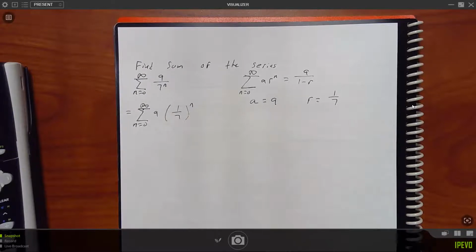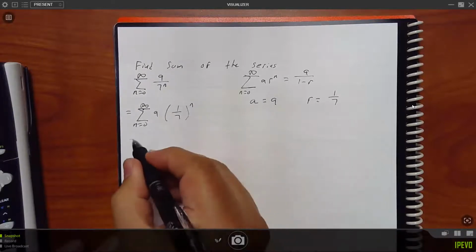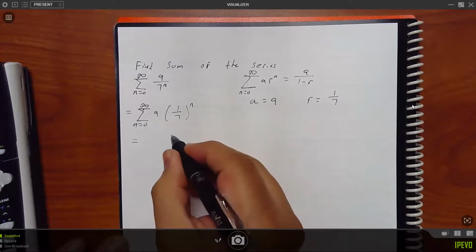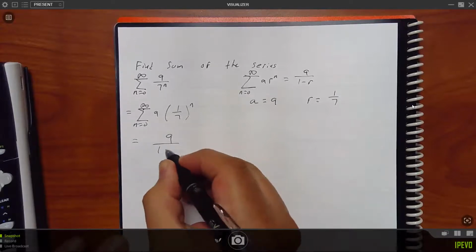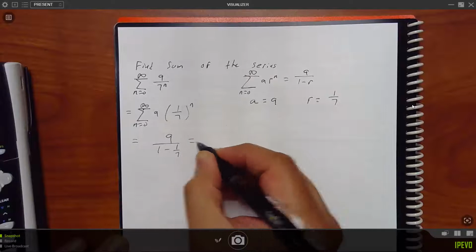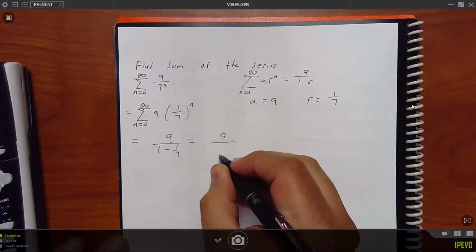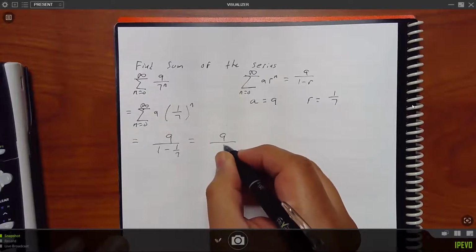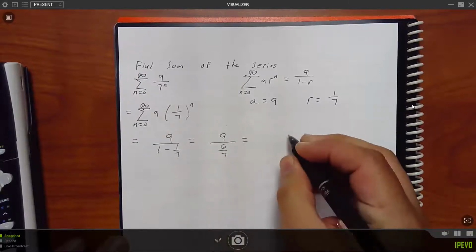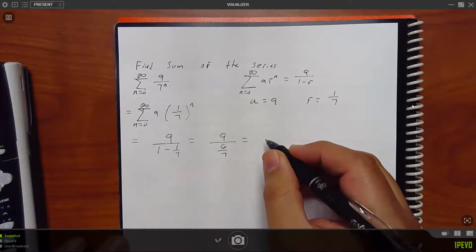So the sum will be 9 over 1 minus 1/7. Excuse me. 1 minus 1/7 would be 6/7. What's 7 times 9?